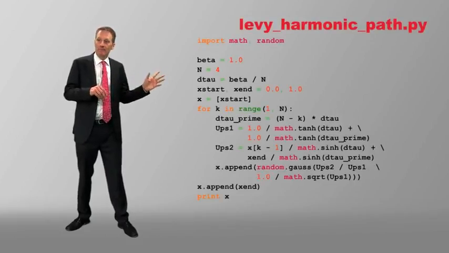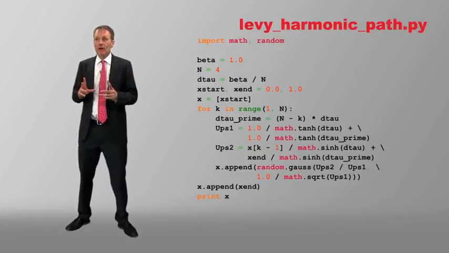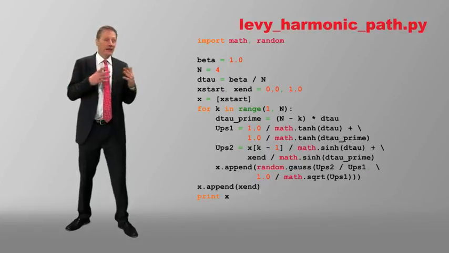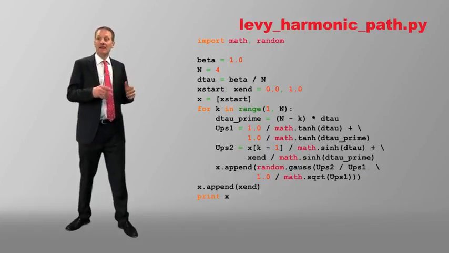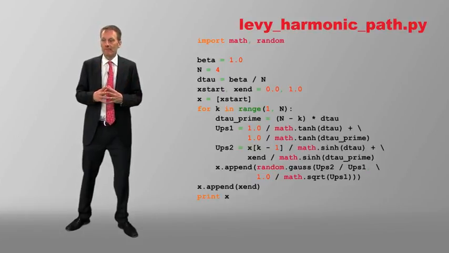Before continuing, please take a moment to download, run and modify the program we just discussed, levy_harmonic_path.py. Besides this program and the graphics version, you will also find a short fact sheet that gives the relevant formulas and derives the harmonic density matrix through matrix squaring.